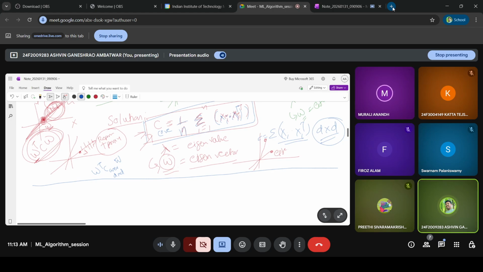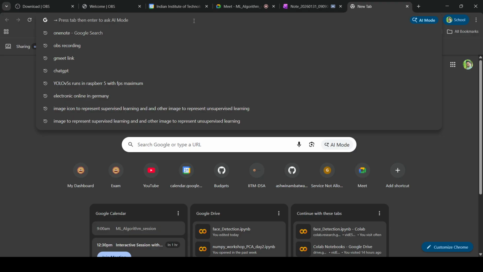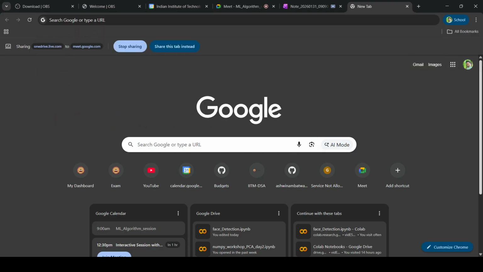I will open my Colab file where I have done this small data on PCA. But it's not complete PCA, because PCA has a few more steps. After this, there is one more discussion pending, and once that is finished it's good to show you the small data with the same steps of PCA.